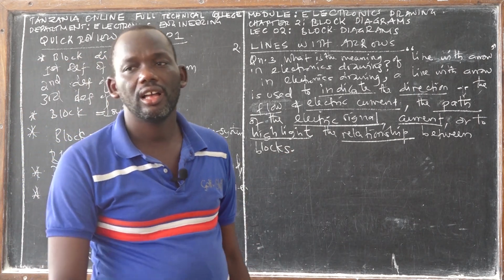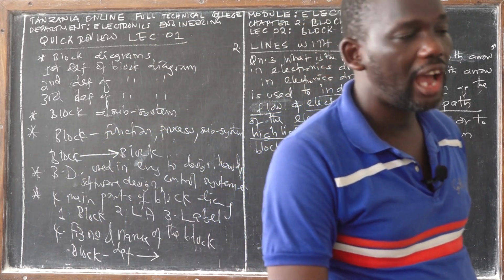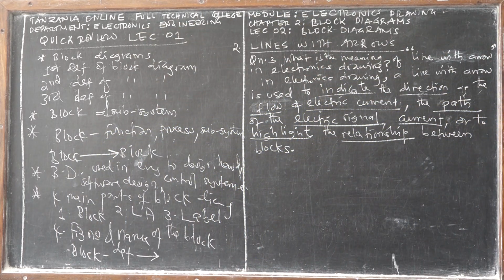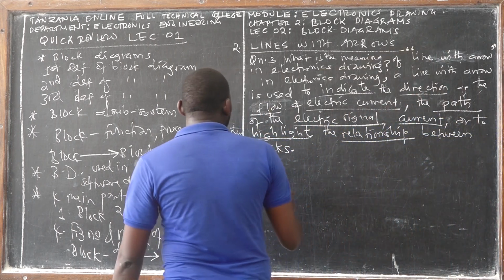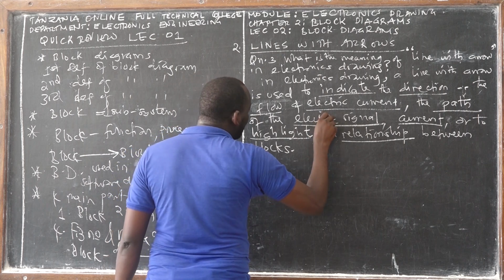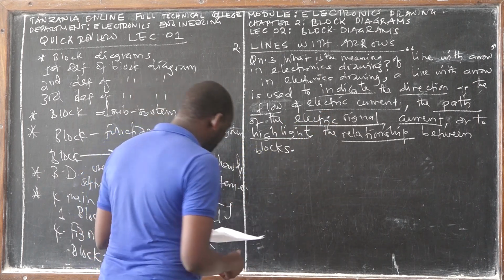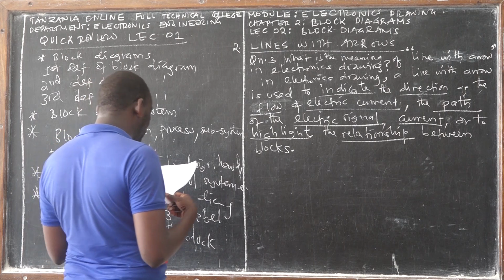Are we together? So that's the meaning of the line with arrow. So we may not use the line itself without an arrow, because we want to have a clear definition of what has been stated.